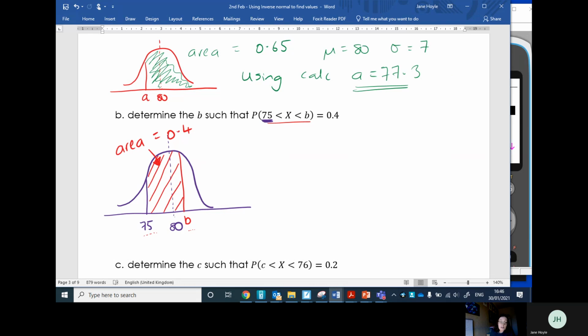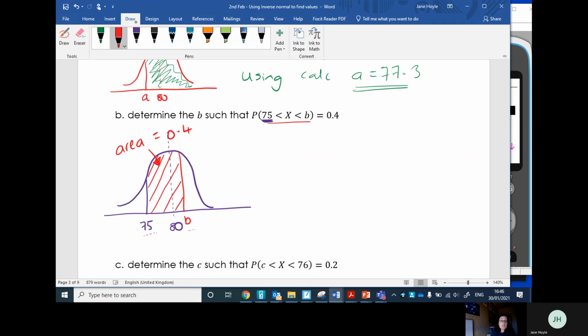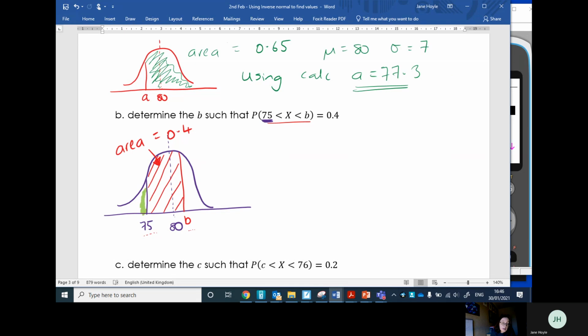So what we need to do instead is to use the fact that what we've got here are two areas. I know that the area all the way from B and below can be thought of as the red shaded area plus the green shaded area.